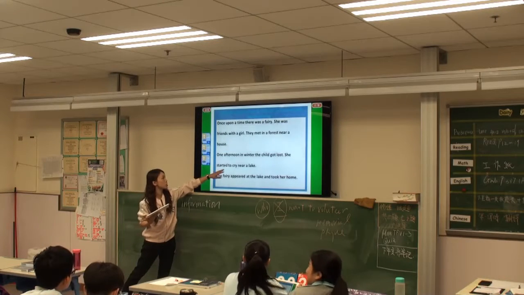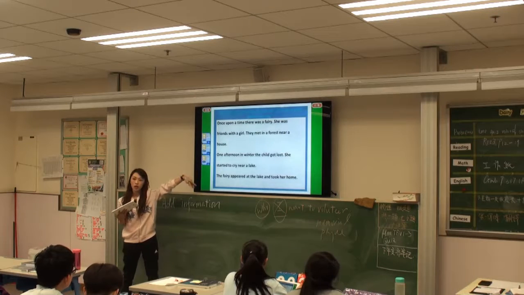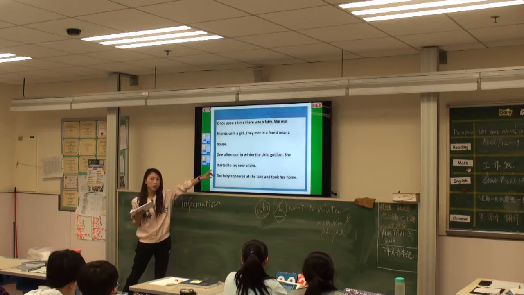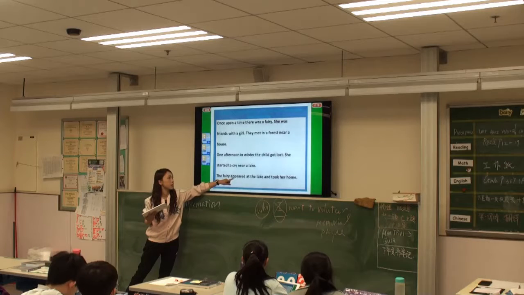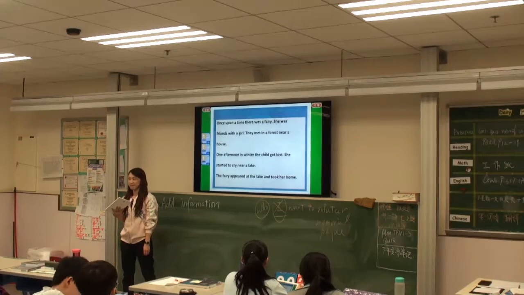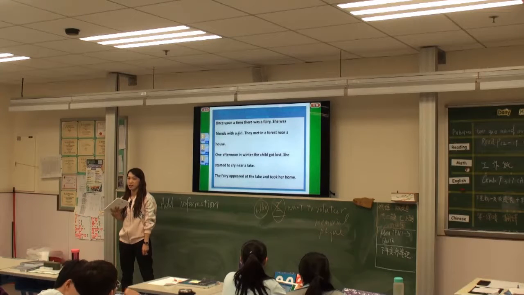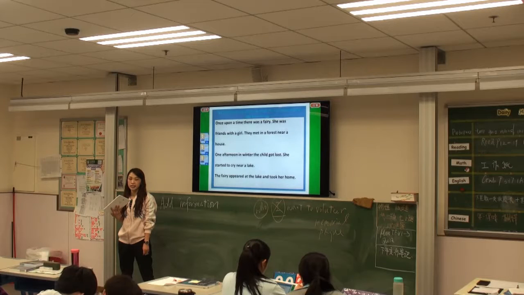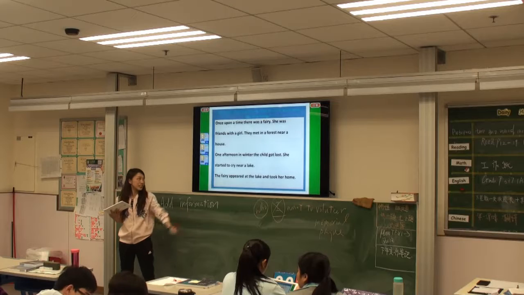Okay, got lost. She started to cry near a lake where her mother lived there. And then the fairy appeared at the lake and took her home. How to add here? The ending. You can add. Okay. Any idea? Joby? Try.